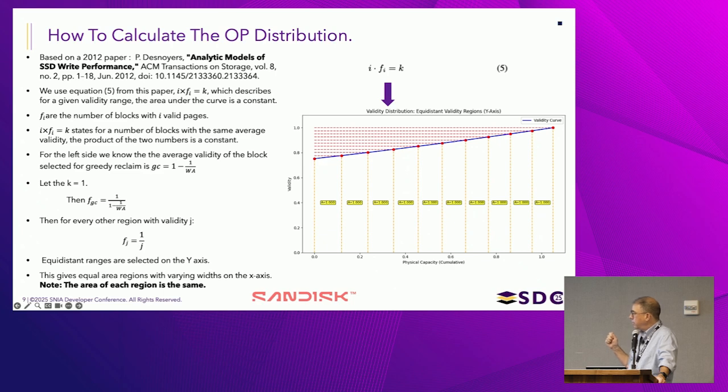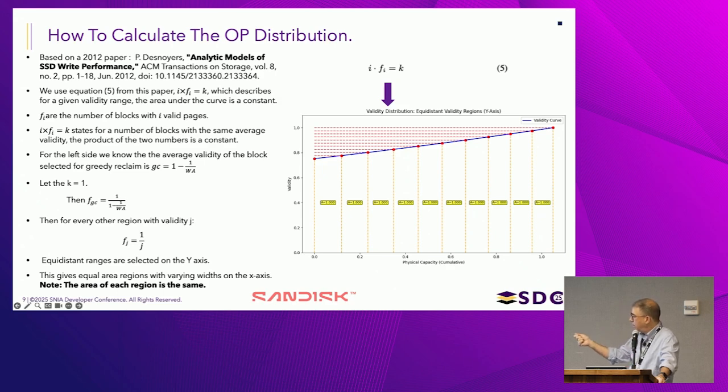Each of those represents a particular amount of invalidity, so it's proportional to the I term in the equation. And what this is saying is that given a certain amount of invalidity, how much of the media is going to be in that state. And furthermore, for every amount of invalidity, if you take the amount of invalidity times the number of blocks in that state, that's going to be a constant. Okay, so that's pretty interesting.